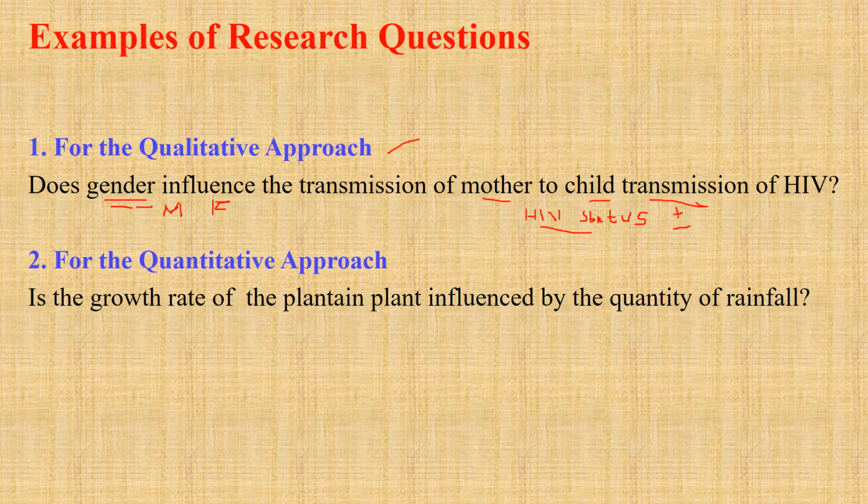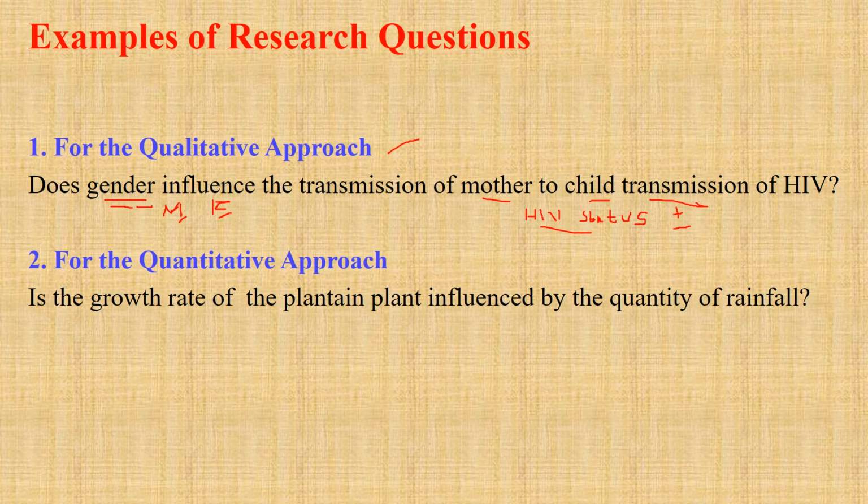No, it resonates between two states. Either you are positive or you are negative, as well as for gender, either you are male or you are female. So these are both qualitative data. This tells us that for such a research question, we'll have to use the qualitative approach.